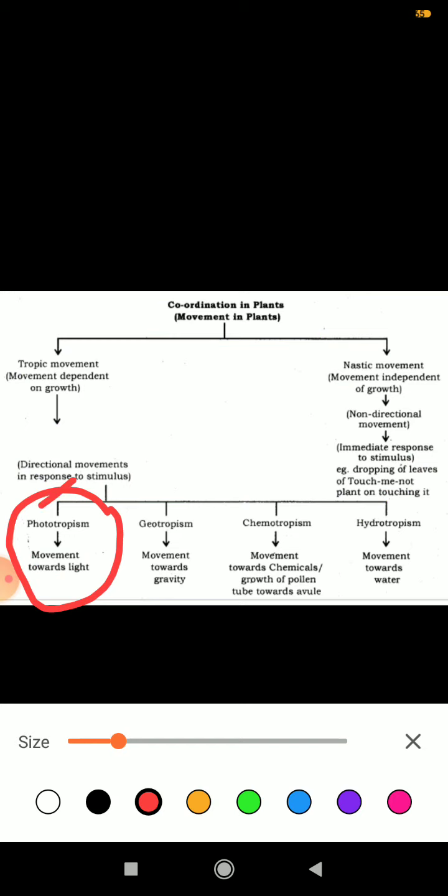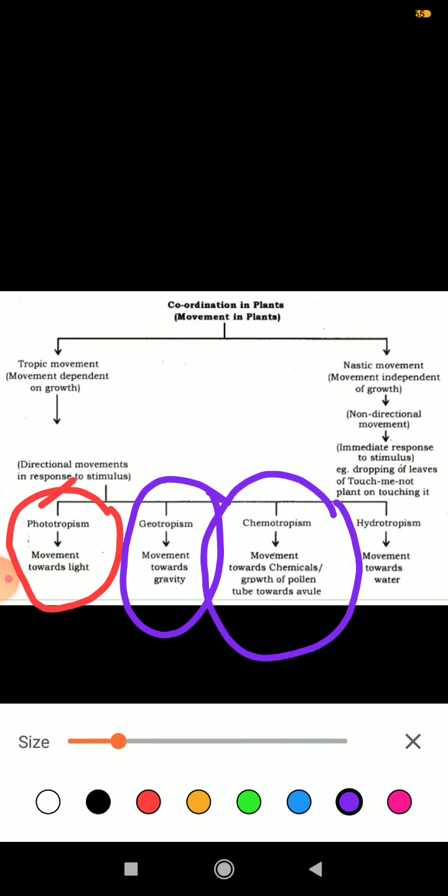Clear? In geotropism, it is movement towards gravity, that is, the root will move towards gravity. Third is chemotropism, movement towards chemicals. An example is the growth of the pollen tube towards the ovule, which is only due to the secretion of chemicals. We will study this with time. And last is hydrotropism, movement of plants towards water.